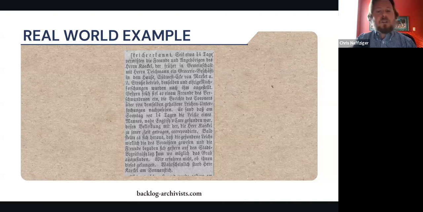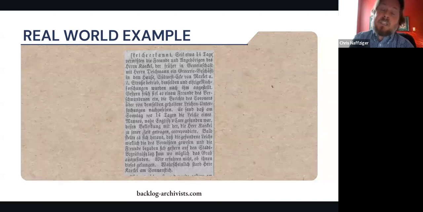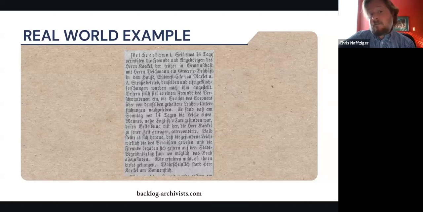So that's a real world example where being able to read Fraktur type was very important, because his name was not going to come up if I tried searching for it. It was basically hidden from me. So I had to go through it. And actually, this is what's really interesting. Do you know how I actually found it? I searched for the German word for dead body, and I put that into newspapers.com for 1853 for the newspapers in St. Louis.